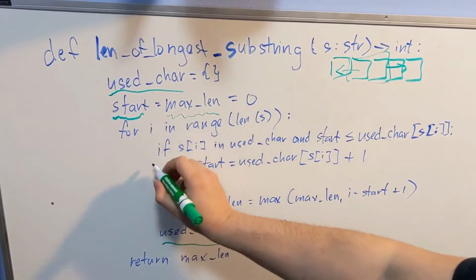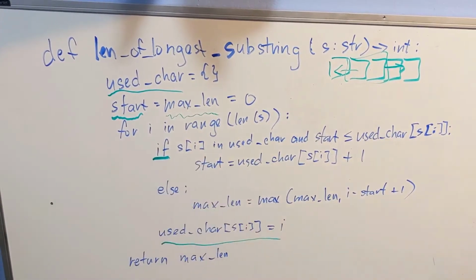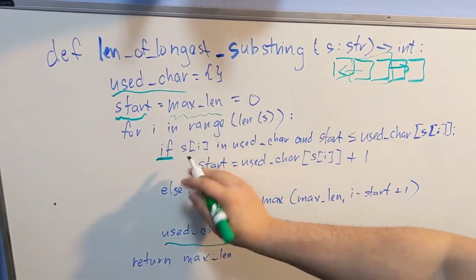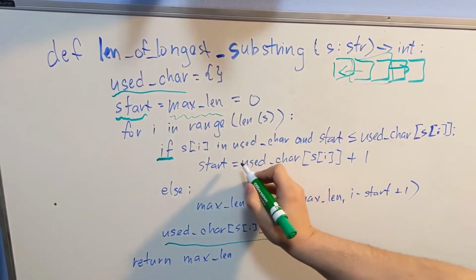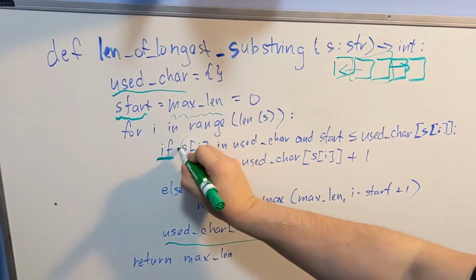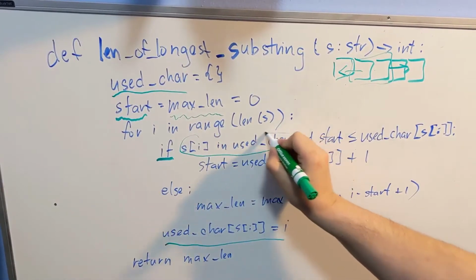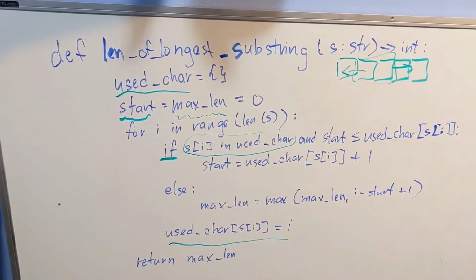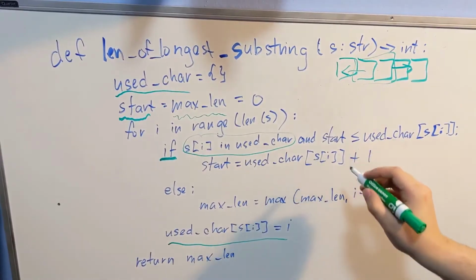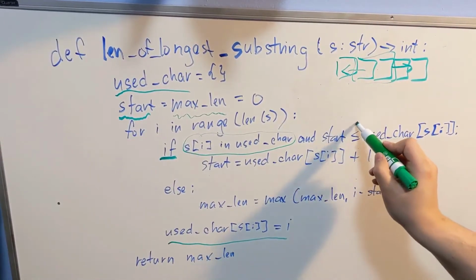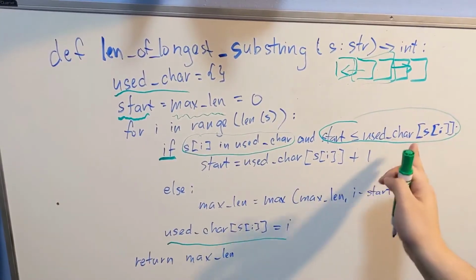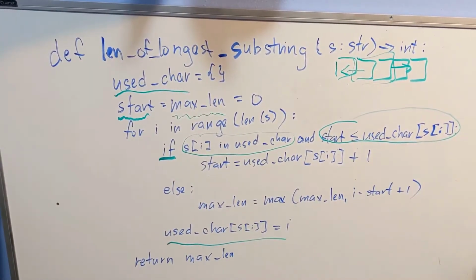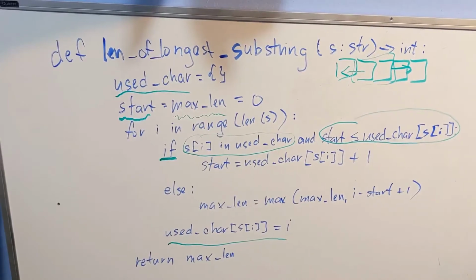For the first if statement, we want to check if s[i], meaning the element or character, already exists in the dictionary, and if the start value is less than or equal to the current element's value in the dictionary.